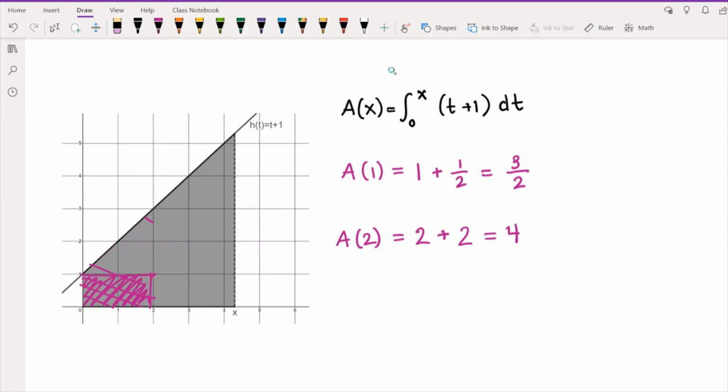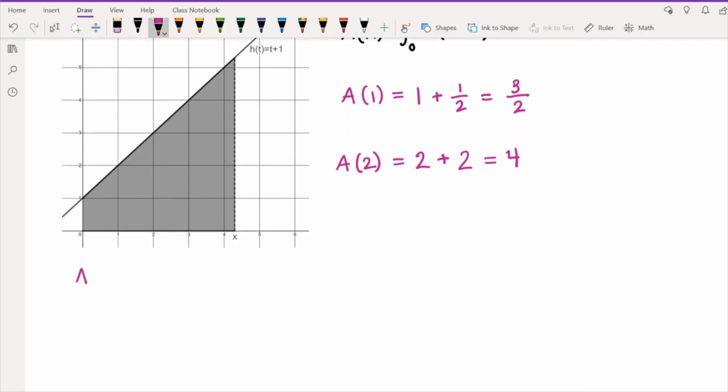Okay, so let's try to think of now how we could come up with a general formula for a of x. So let's just look at this sample picture that we have drawn here. In this sample picture, we just have x at some random point between 4 and 5.